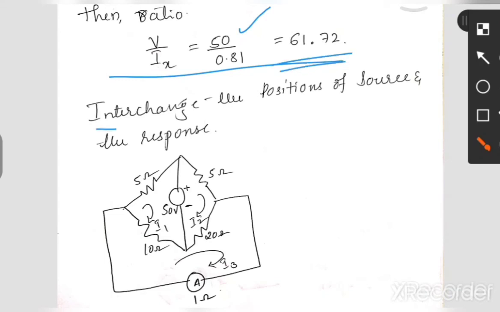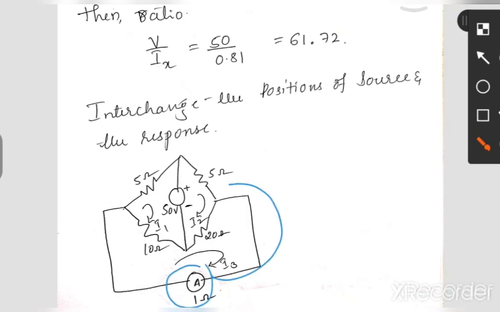So, therefore, let's interchange the position of sources and responses. Here, voltage source was here, that has to be put here. Okay. And the direction we have taken as it is, a current direction. Okay. Minus and plus. And here the current direction, so this resistance is replaced here. And voltage source direction.